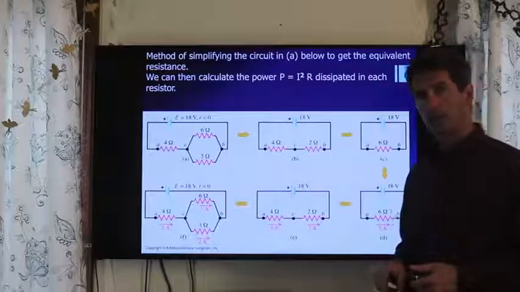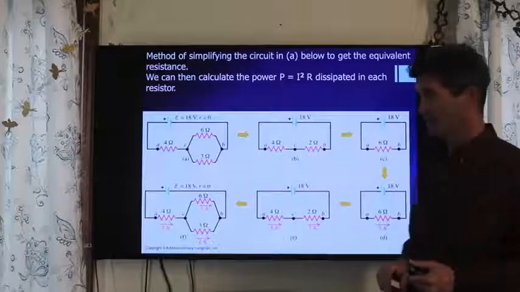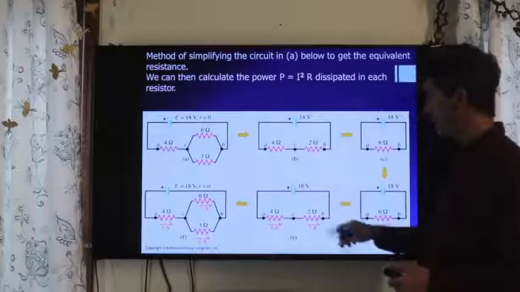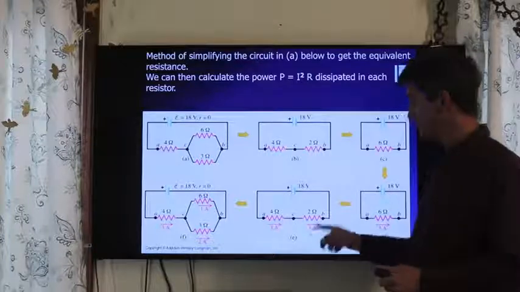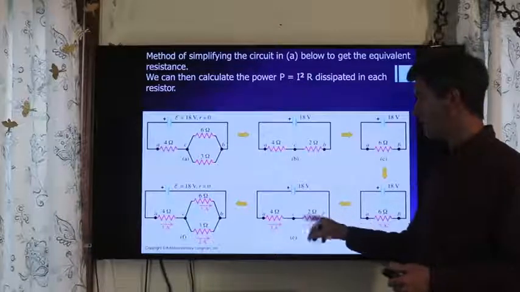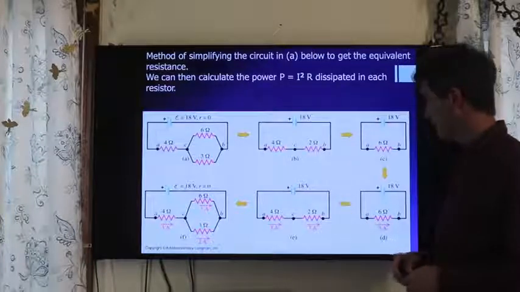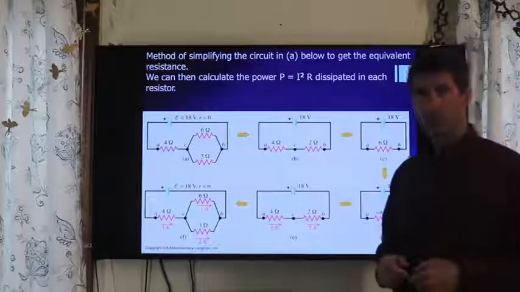Same thing for here. Voltage is equal to current times resistance. I have 3 amps, there's my I, my R is 2, 3 times 2 is 6. 12 volts here, 6 volts here, that agrees with what I have up here. 12 plus 6 has to be equal to the total voltage that I have here.